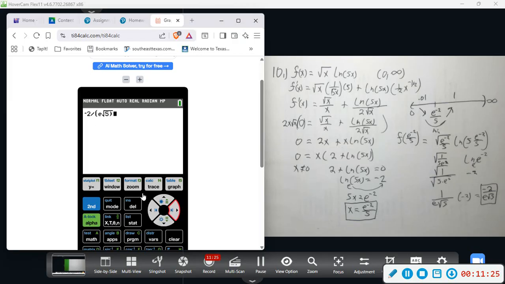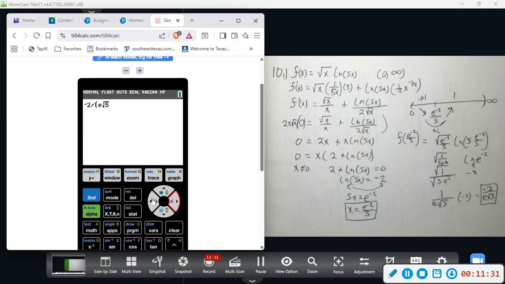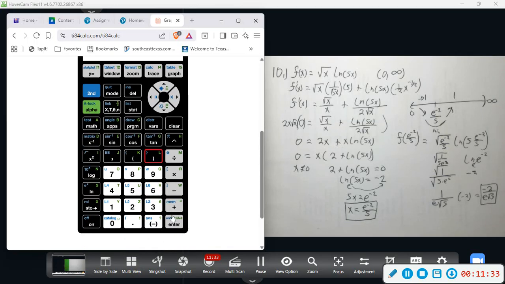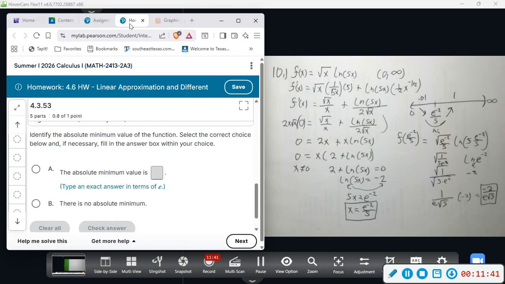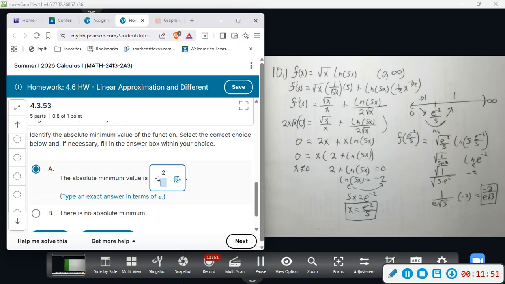I think that'll work out. All right. And we get that negative 0.329. So that does match up the decimal expression. That's the only way you can really check that. Exact answer in terms of e: negative 2 divided by e square root of 5.